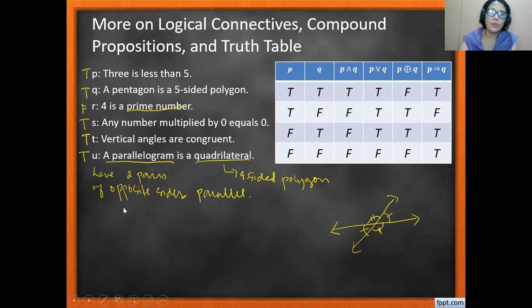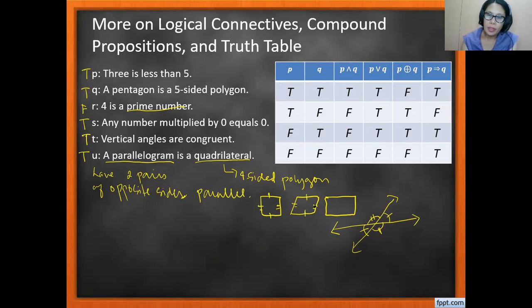Examples of parallelograms are a square, a rhombus, and a rectangle. These are parallelograms because they have two pairs of opposite sides parallel.